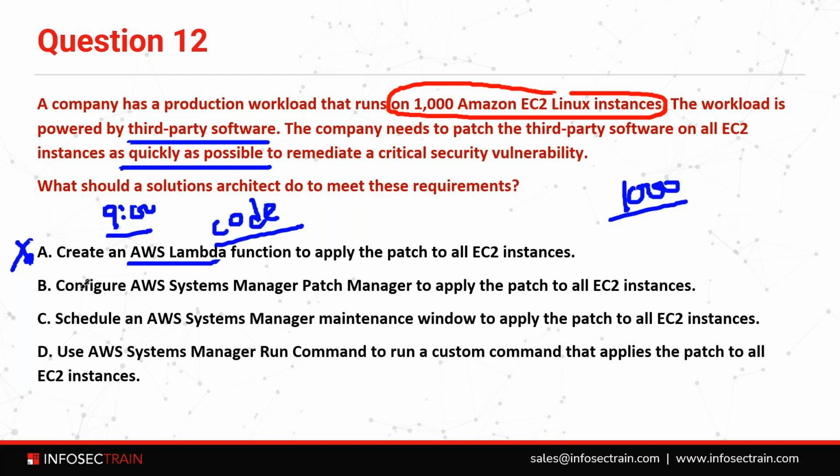Second comes: configure AWS Systems Manager Patch Manager to apply the patches to all the instances. Okay, it can be. Always remember, this is a thing you need to keep in mind when you're looking into the examination part. Whenever you think about SSM, Systems Manager, this is the service that is there to manage a fleet of instances.